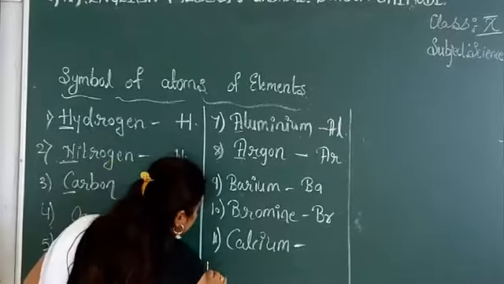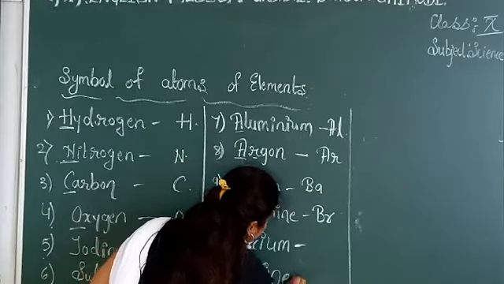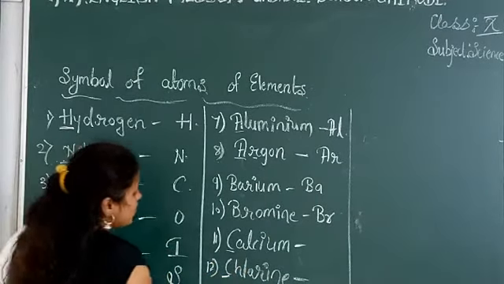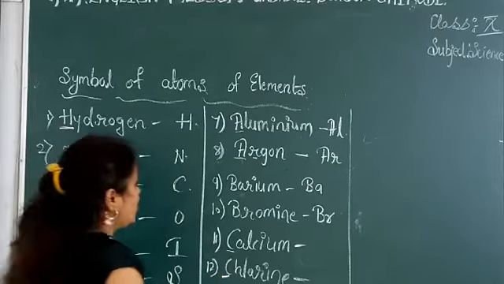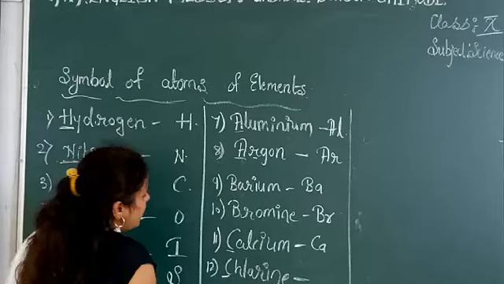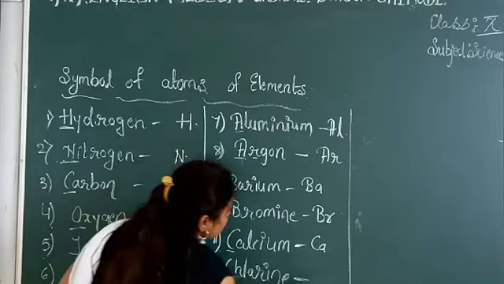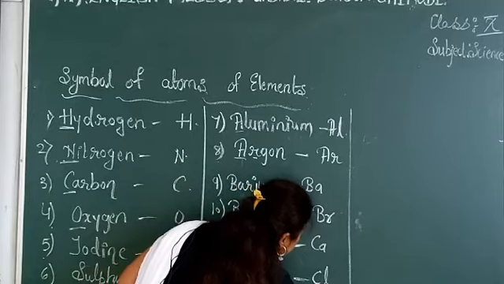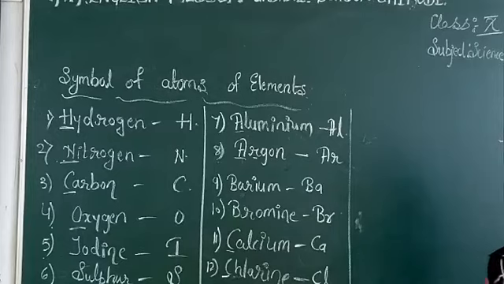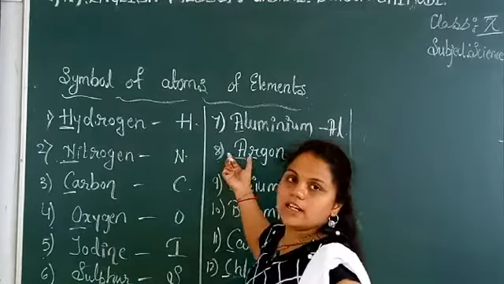Another example is chlorine. As you can see here, C is the same, but the next letter is different. Calcium is represented by Ca, and here H can be ignored, and chlorine is represented as Cl.